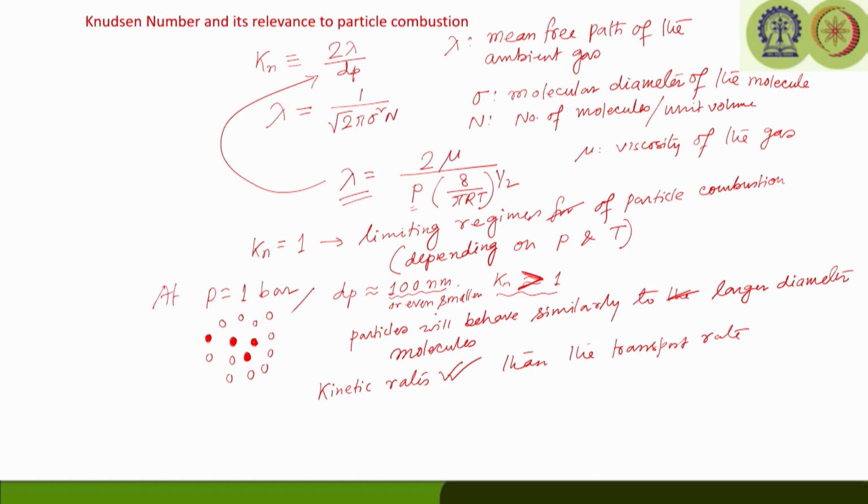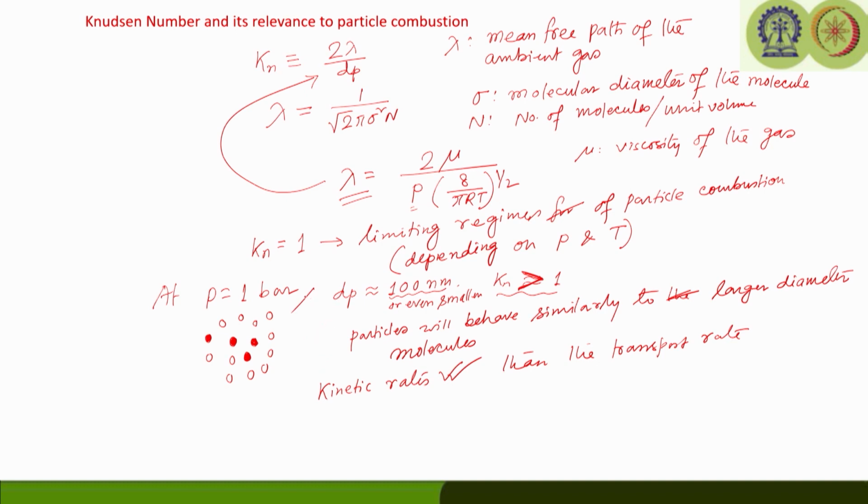If it is greater than unity, then of course the features are going to change compared to the macroscopic particles, and we must consider this while analyzing the behavior of the particles in combustion reactions. Okay. So, I think with that we close the discussion on the regimes of combustion relevant to particle combustion.